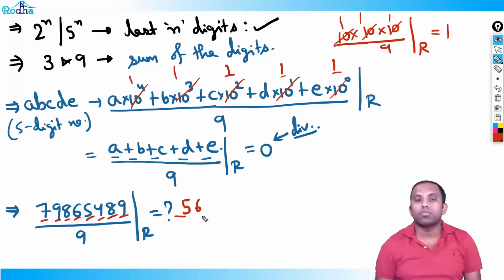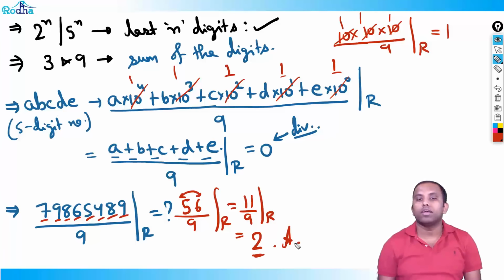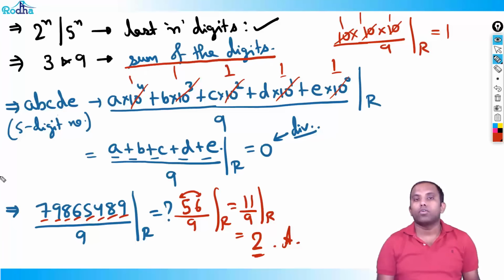So 56 by 9, remainder. Again I can add the digits: 5 plus 6 is 11. 11 by 9, the remainder is 2. So 2 is the answer. For 3 and 9, I have to always check the sum of the digits.